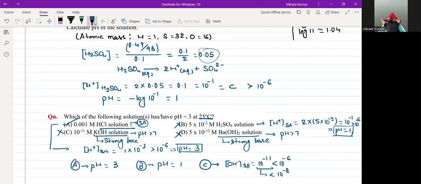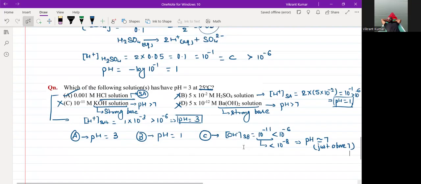So that's why we'll say कि यहाँ पर pH will be very close to 7 itself, 7.00 something ऐसा कुछ आएगा, just above 7. और D में भी same.